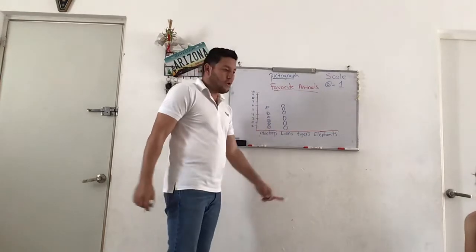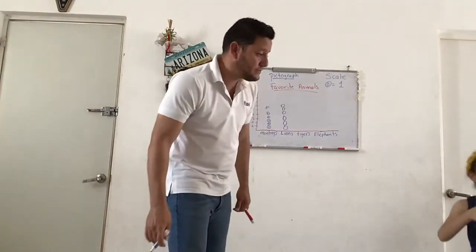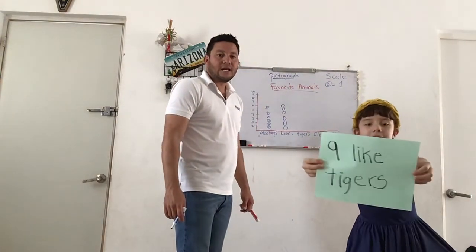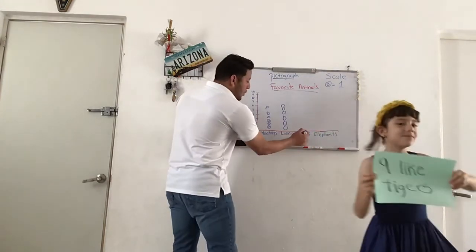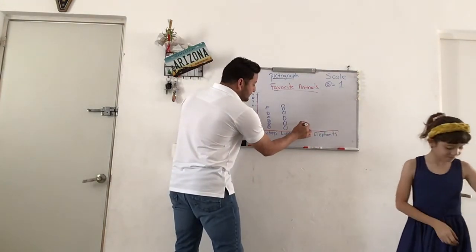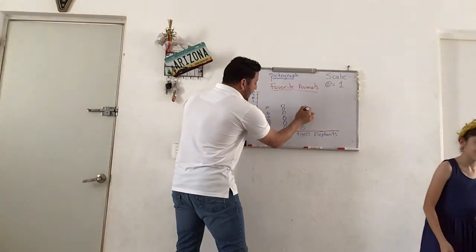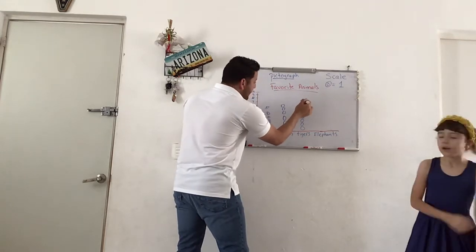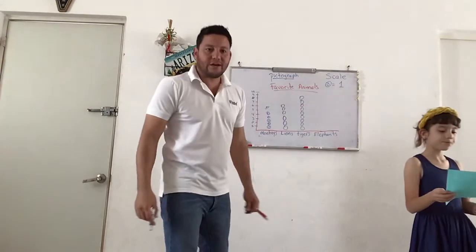Understand? And then we go with tigers. How many students like tigers? 9 like tigers. Very good. So we go with the smiley face. 2, 3, 4, 5, 6, 7, 8, 9. You say, Bianca? Yes. 9. So 9 smiley faces. Okay.